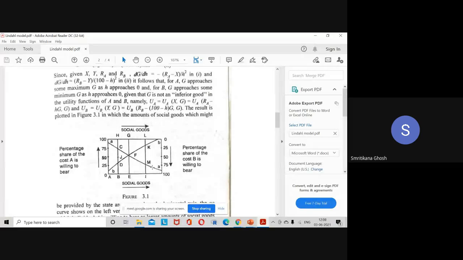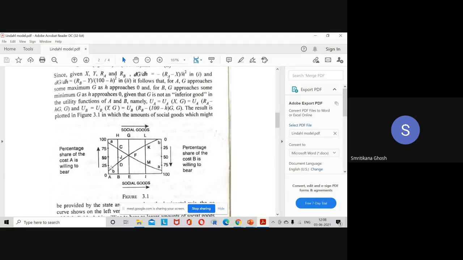Now whatever is consumed by individual A, 100 minus that much is left for individual B. For example, if individual A is consuming AB, then 100 minus AB is for individual B. Like this we get the line of individual B.